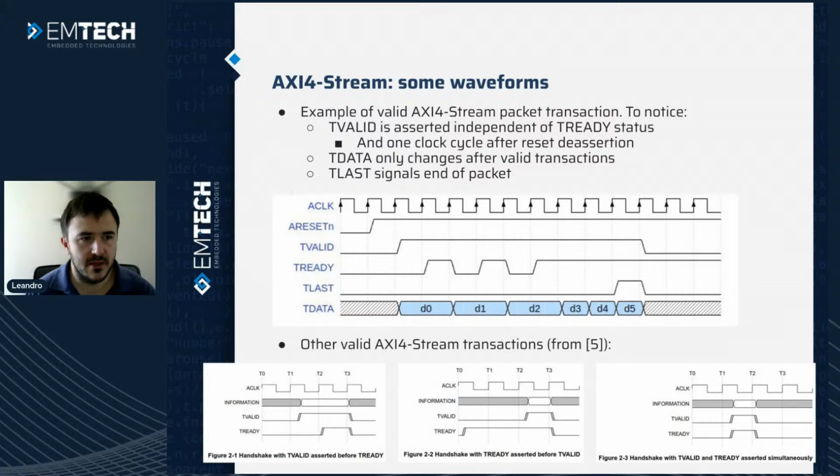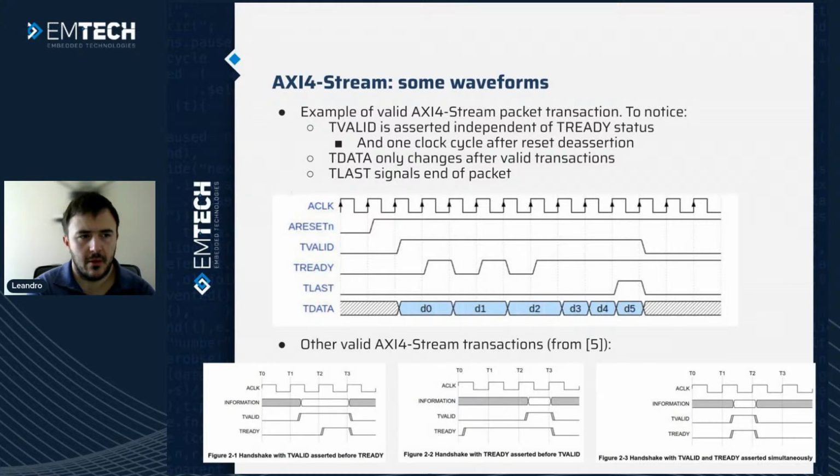But I think it will be easier to see what I'm talking about if we see some actual waveforms. The first one we see here is an example of a valid AXI4-Stream packet transaction. You can see I only included the clock, the reset, valid, ready, and data, and also TLAST because it was interesting to see as well.